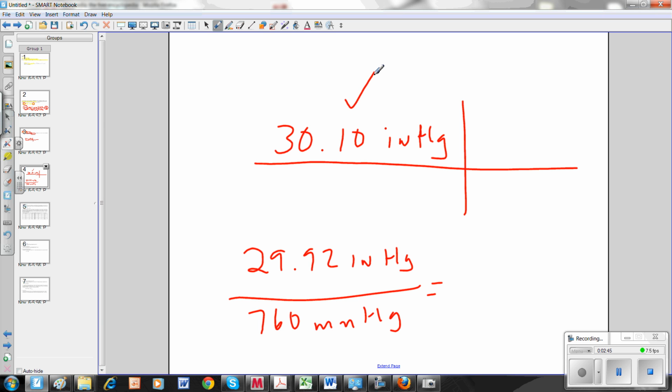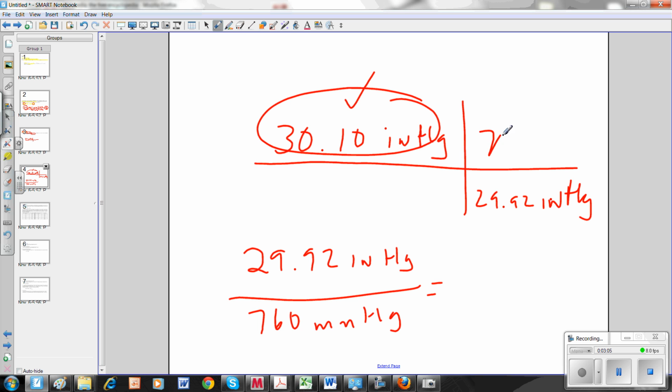You plug in your value from the lab. So then what you do is you place the 30.10 inches of mercury or whatever it was that day when we did the experiment. You had to write it down in your lab. You'd put 29.92 inches of mercury Hg is equal to 760 millimeters of mercury.